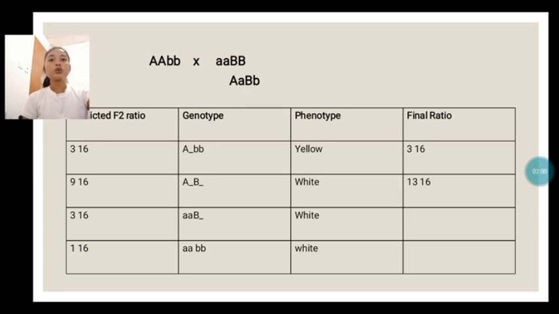Moving on to phenotype. Phenotype refers to the observable characteristics or traits of an individual organism. It is influenced by both the genotype and the environment.